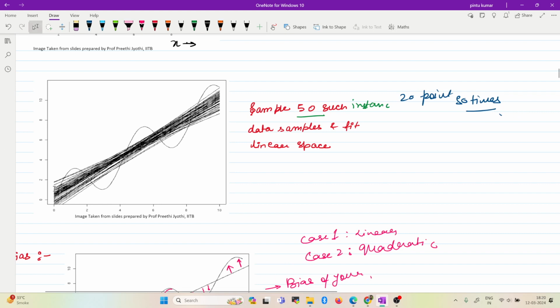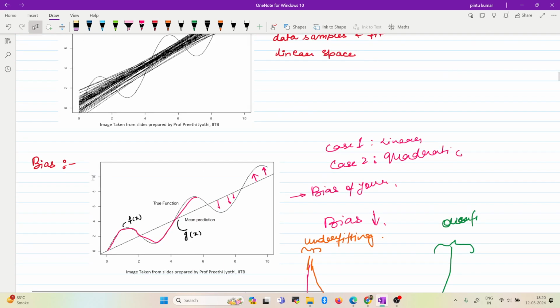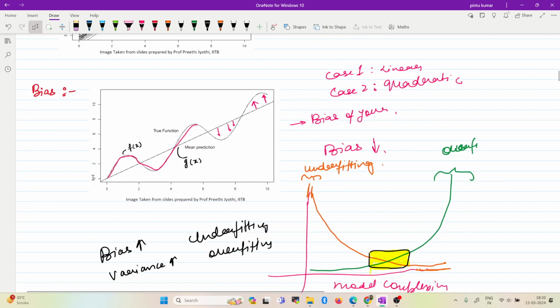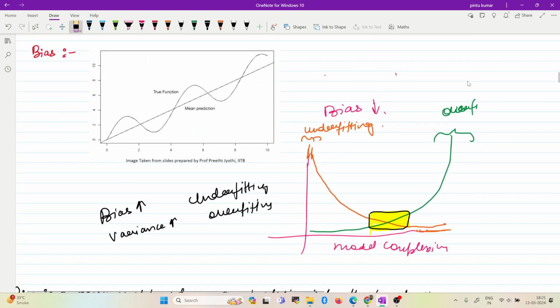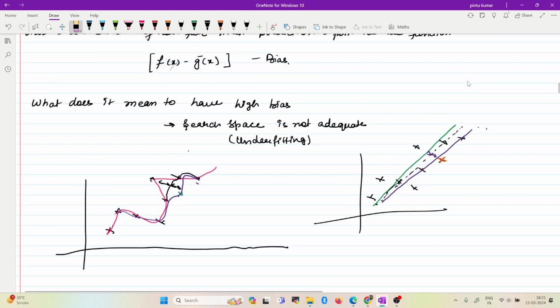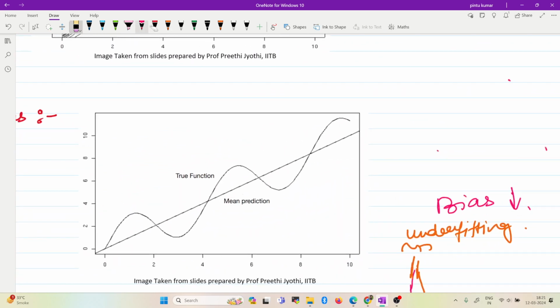Now based on these 50 curves that you obtain, we have two definitions. One is known as bias and another is known as variance. Let's look at what bias means. This was our f of x.